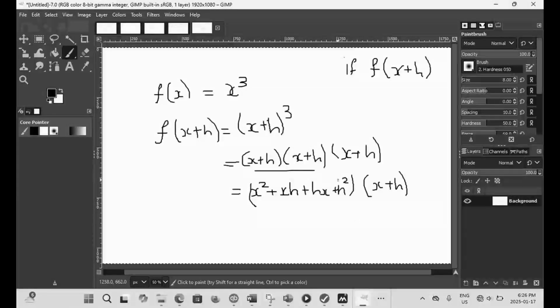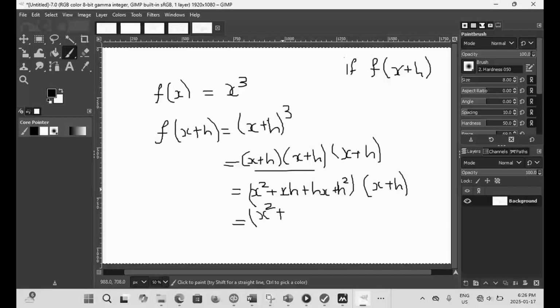In order to solve whatever is inside the bracket, you will need to combine the like terms. xh and hx is basically the same calculation.